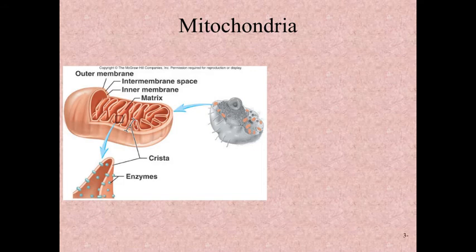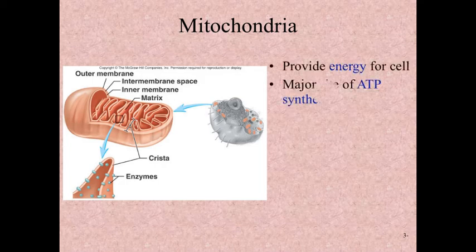Mitochondria are the next organelle. These are small jelly bean looking organelles within the cell, and the role that they play is to provide energy. This is where ATP is going to be recycled. We talked about how ATP is used as an energy source for the cell, and the phosphate gets broken off and then has to be reattached to it.